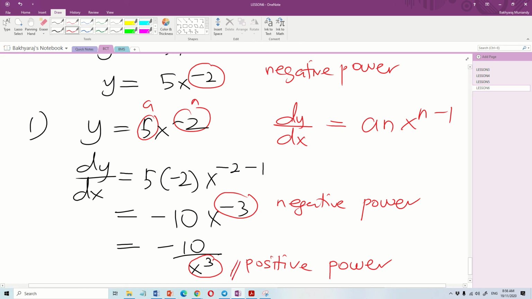This is what I want, the most important thing. Negative power must change to positive power. The answer must be left in positive power. That is the most important thing. When you have negative power, you must convert it to positive power.